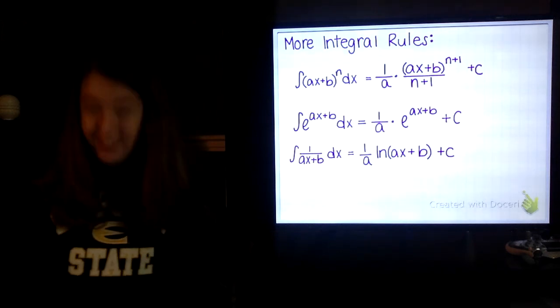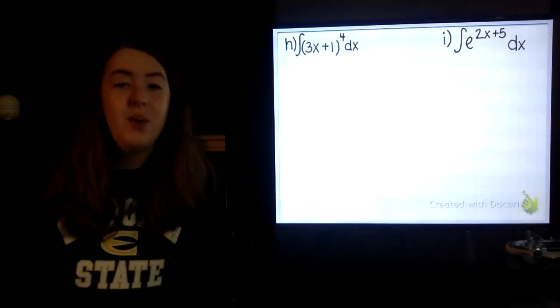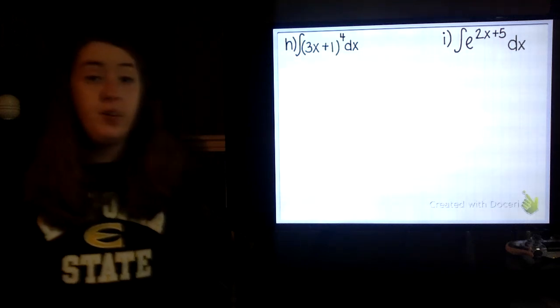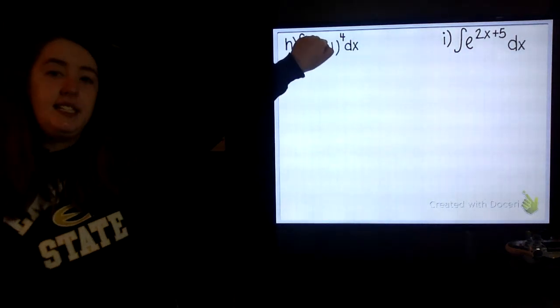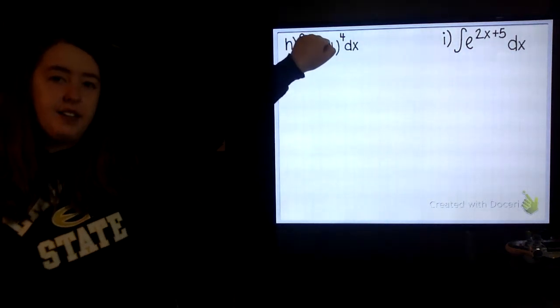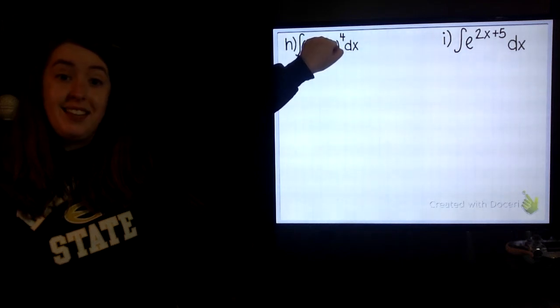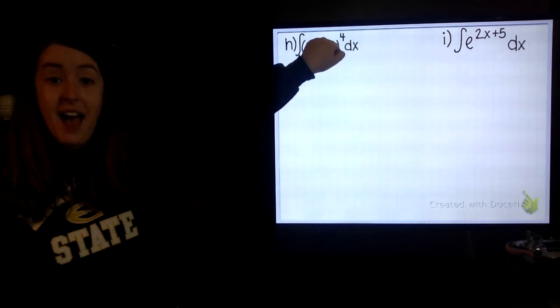So let's take a look at this first one. We have (3x plus 1) all to the 4th power. The first thing we want to do is pretend that the inside is just x. So we want to think of this as taking the integral of x to the 4th. We need to add 1 to the power and divide by the new power.